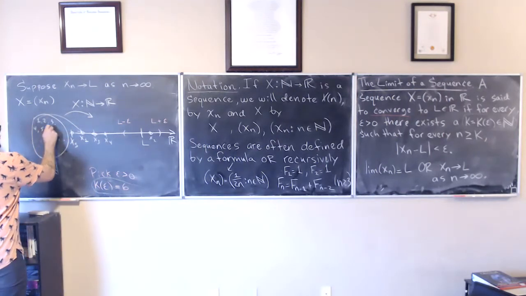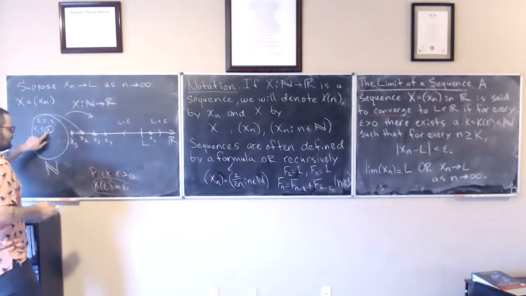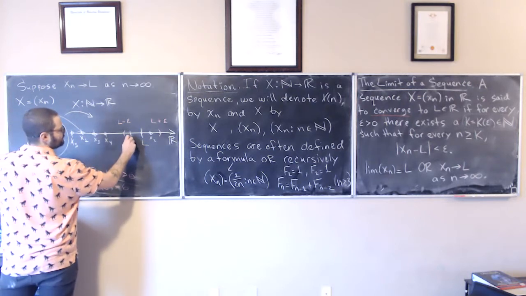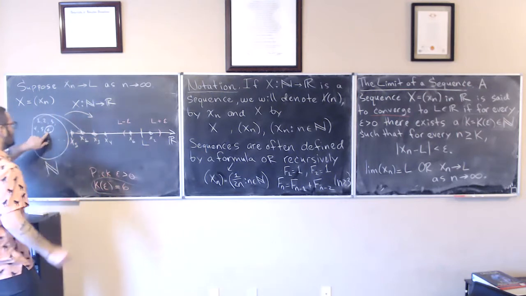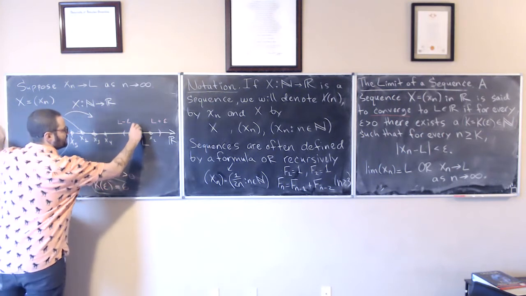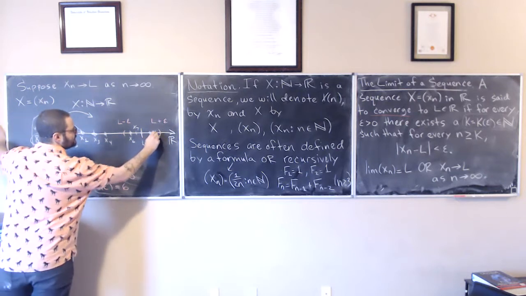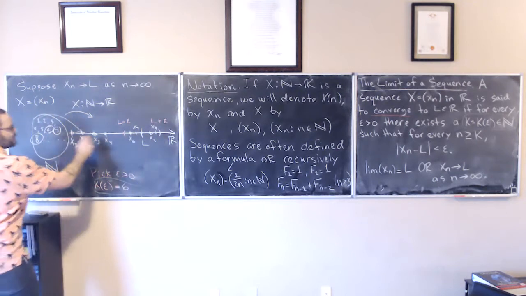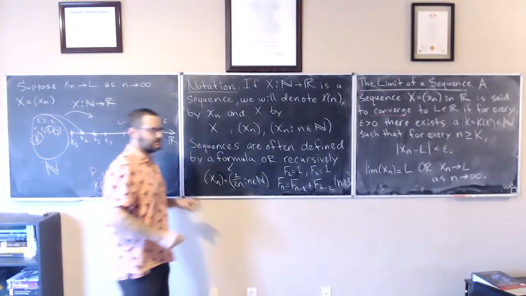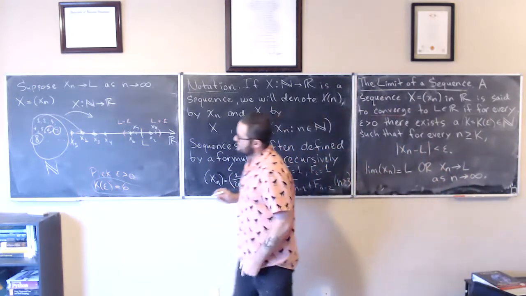So that number right there is x of 6, which means the distance from x of 6 to L needs to be within epsilon. But then every other element past x of 6, maybe that's x of 7, and maybe here's x of 8, and everything else, every other natural number needs to be mapped within that distance epsilon to L. So this is what it's saying.